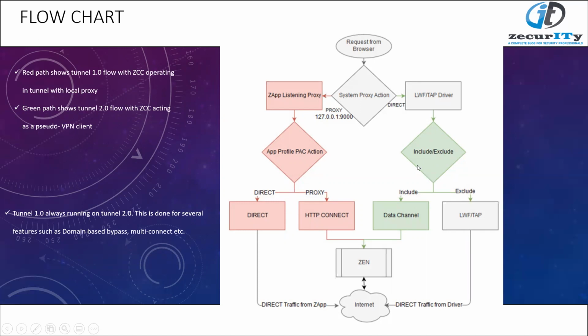Include is nothing but sending the traffic to the Zen nodes or the service edges, that is, the data channel. And exclude is nothing but sending the traffic direct to the internet. Tunnel 1.0 is always running in Tunnel 2.0. This is required for several features such as domain-based bypass and multi-connect.